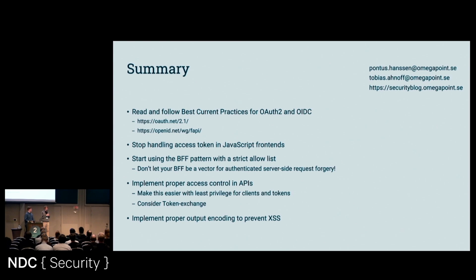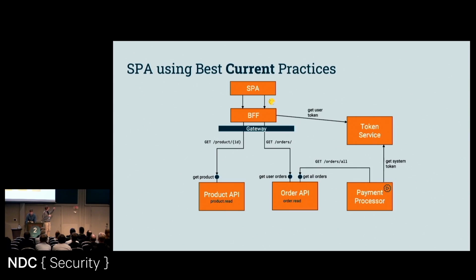So the question was about the system overview, where we had the gateway behind the backend for frontend. That was just to show that you have a network segment where you aren't exposed to the internet. The backend for frontend is, but there could of course be more infrastructure protection that we haven't shown.